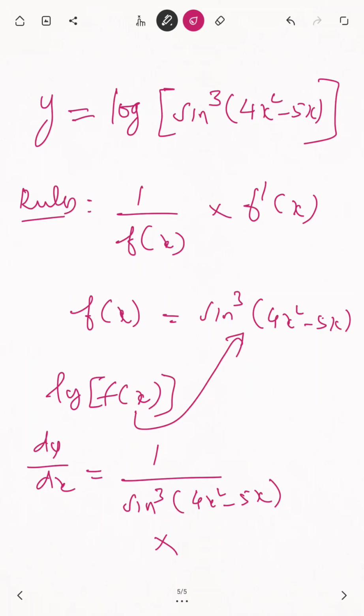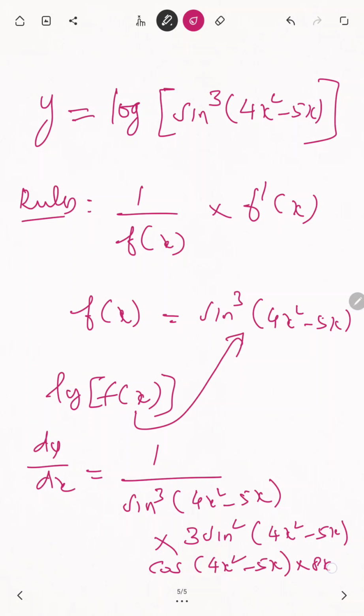What is the sine formula? Differential of power into differential of base into differential of angle. Power you differentiate: 3 sin square of 4x square minus 5x. Base is sine of 4x square minus 5x, then it becomes cos of 4x square minus 5x, into angle, which is 8x minus 5. So this is the answer.